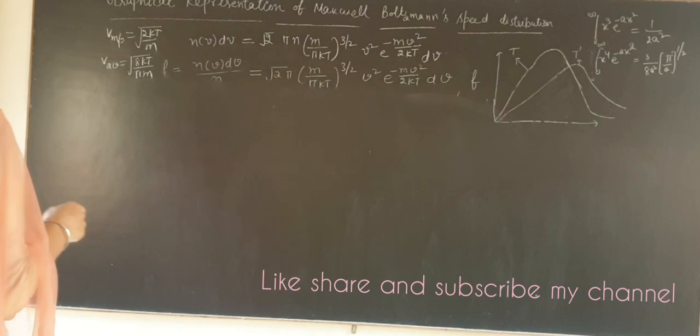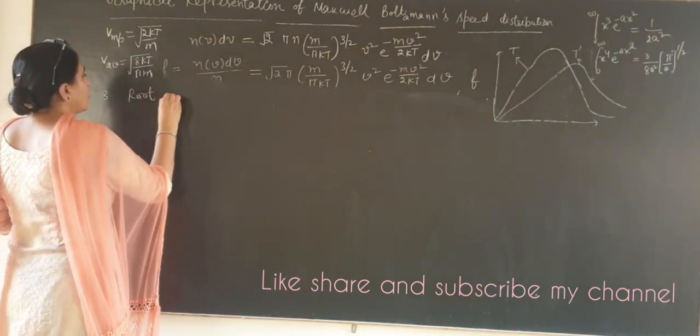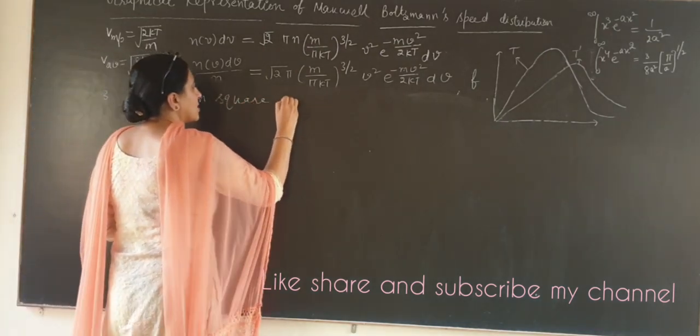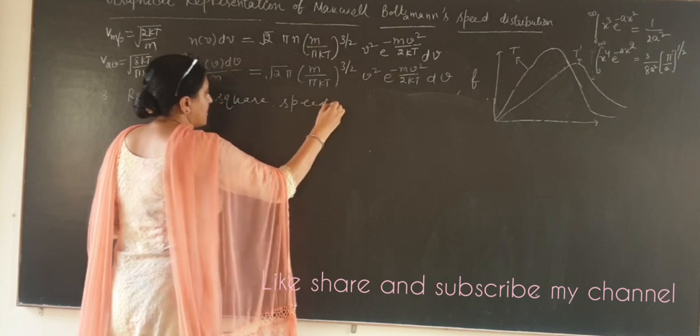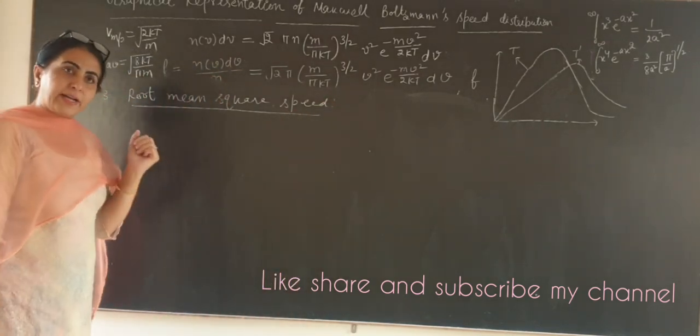Clear? Third is the root mean square speed. So what is root mean square speed? How can we define this?